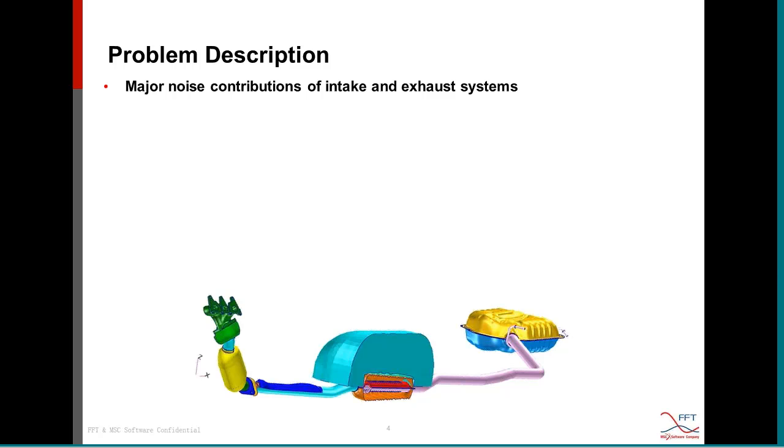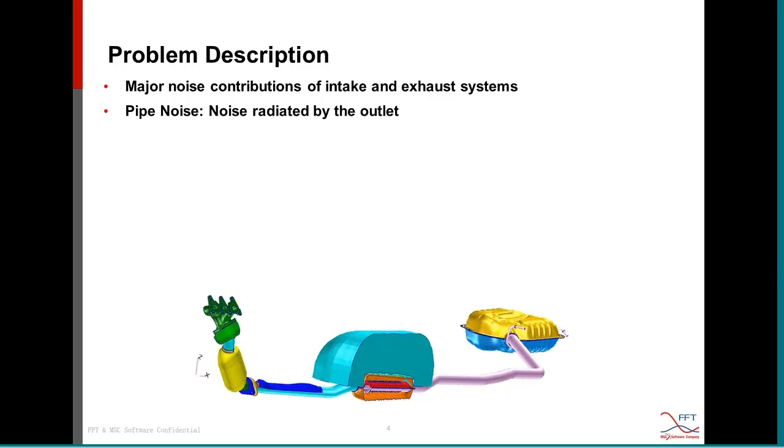The acoustic wave propagation in those systems is called in-duct, in the sense that the entire line is made of complex components like the mufflers or the catalyst in the exhaust system. And these components are connected by pipes or ducts.